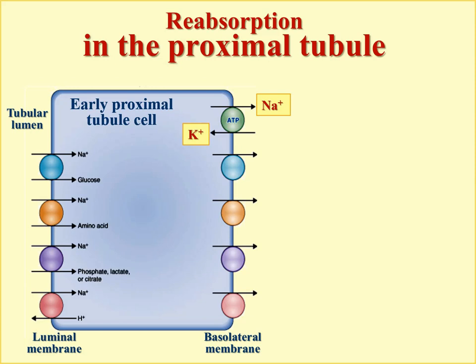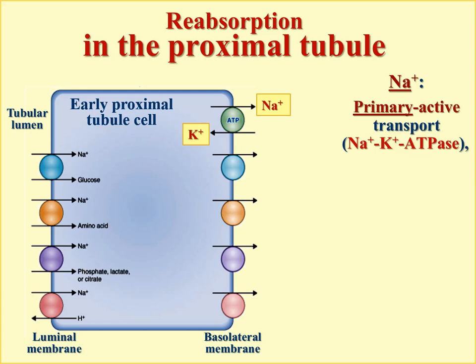Concentration cannot be different, so sodium immediately appears to be reabsorbed after passing through the basolateral membrane of the proximal tubule cell, while potassium goes into the cell against its gradient. Due to this, the sodium concentration in the cell is constantly maintained low. For sodium, transport is considered to be primary active.